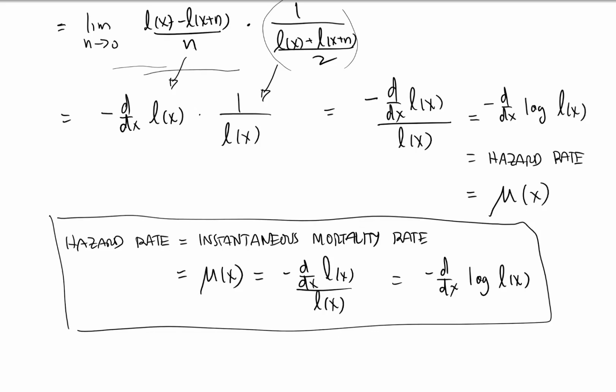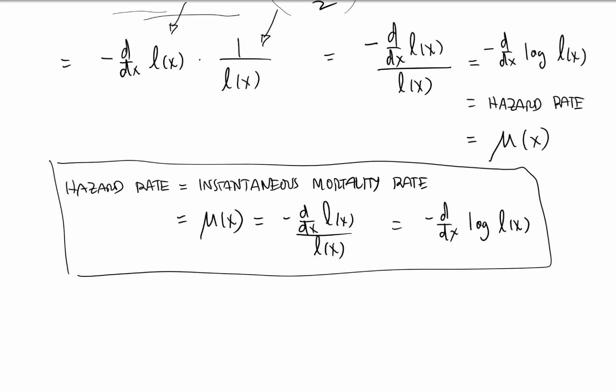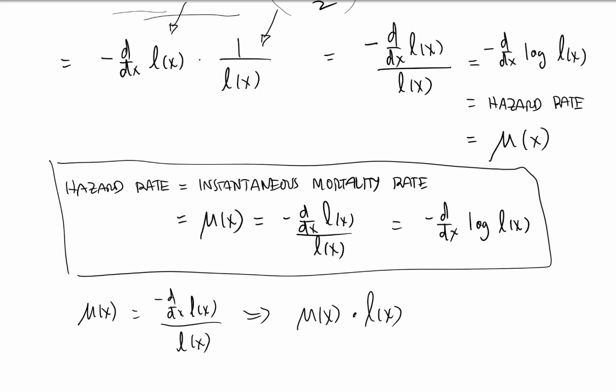Let's see. If we have mu of x, it is a mortality rate. So mu of x, I'm going to say, equals minus d dx divided by L of x. That means that mu of x, the hazard rate, times the population at age x, this is the number, the mortality rate, the hazard rate.